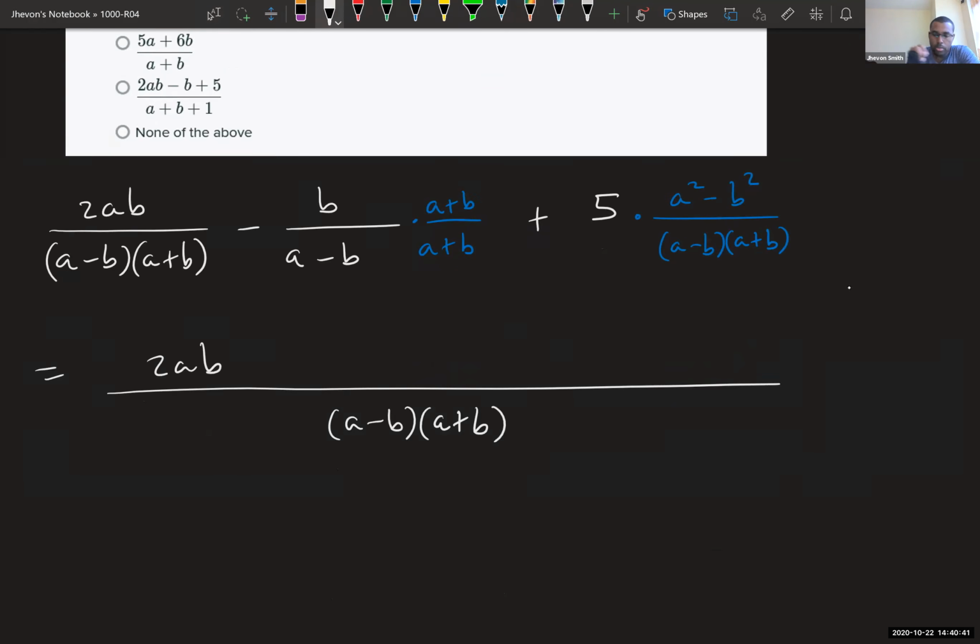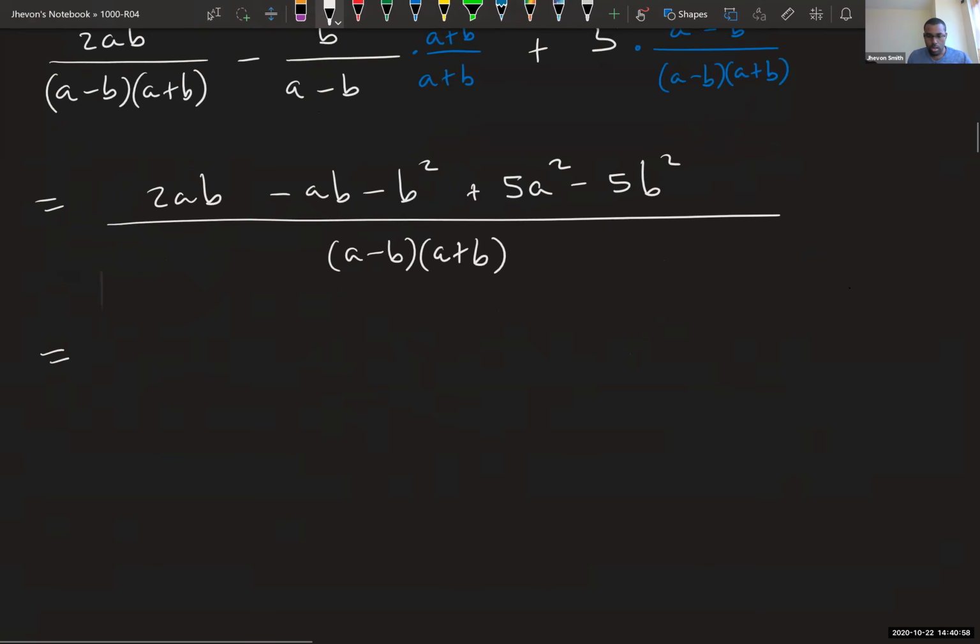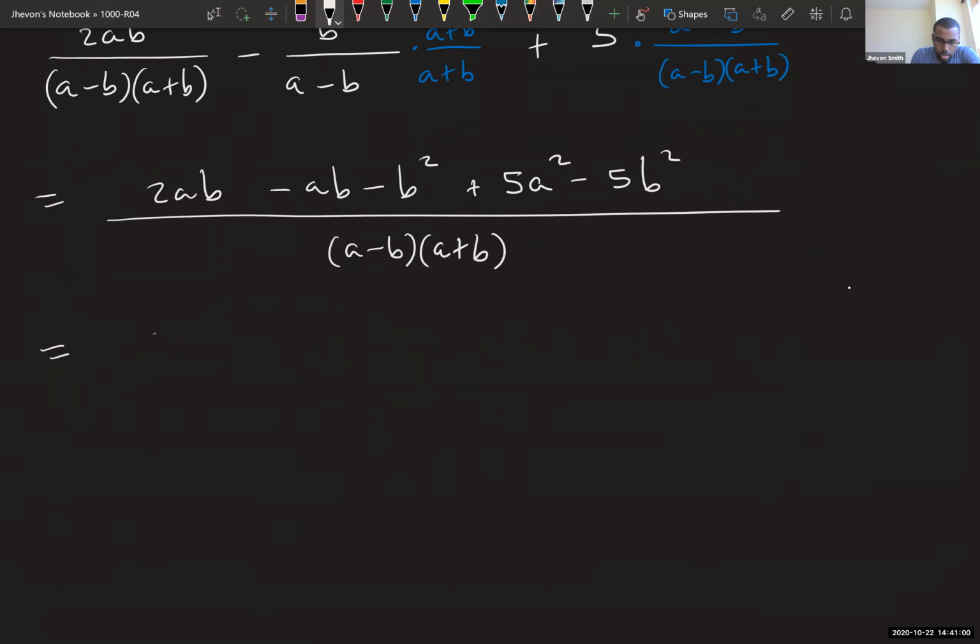Here, I would take the minus B and distribute it across the A plus B. So this is minus AB minus B squared. And this would be 5A squared minus 5B squared. So this is going to give me 5A squared. And I would have 2AB minus AB.